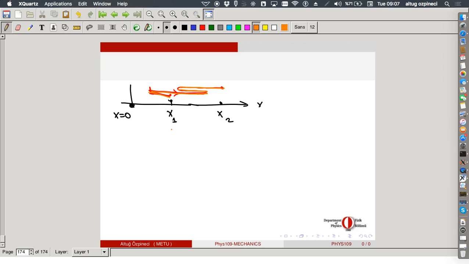So basically I start from this point and go here, then I start from that point and go to this point, then from the last point to the middle point, and back to x2. So I divided my path into 1, 2, 3, 4 different segments of finite length.